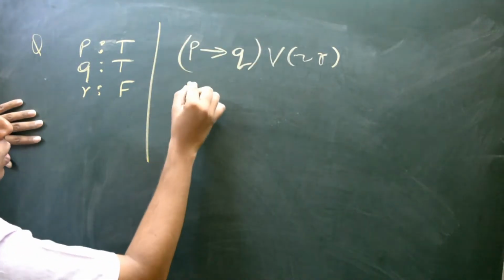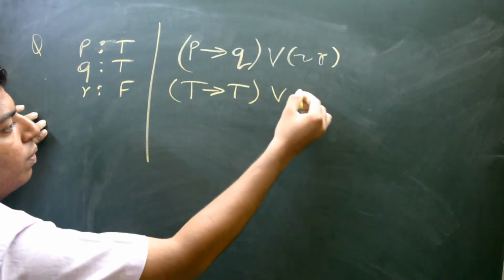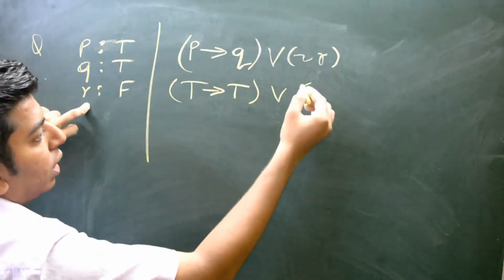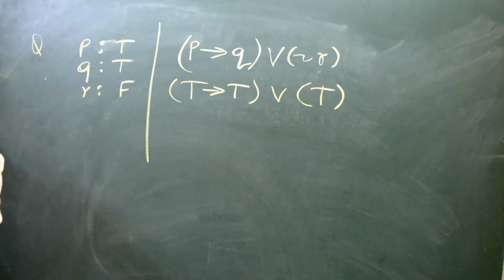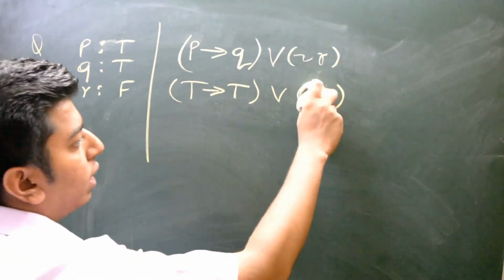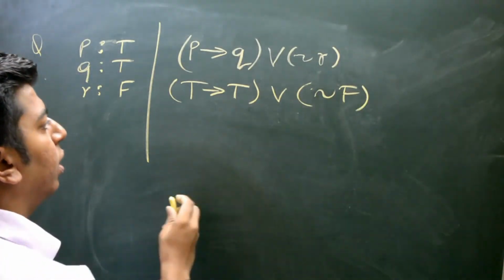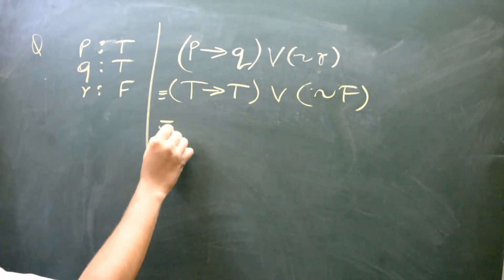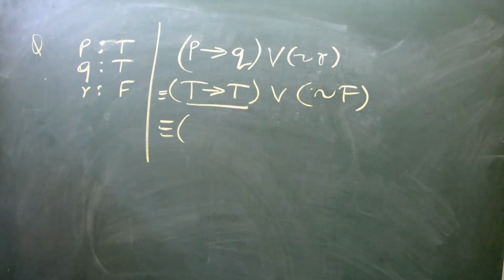So put these values: T implies T, disjunction with negation R. R is F, negation of it is T. I am directly inserting T over there. In the next step, T implies T will be what?